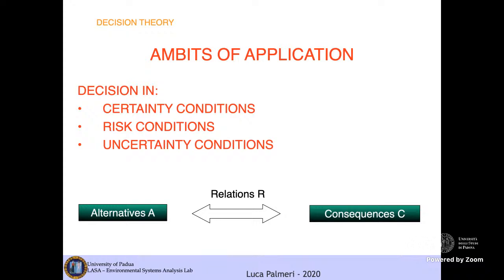Or we may decide in risk conditions, in which we may include probabilities for describing the different alternatives, or in the worst case, the decision may be made in uncertainty conditions. Again, I remind you that deciding, from a decision theory point of view, means linking different alternatives to the possible consequences by employing relationships of merit.